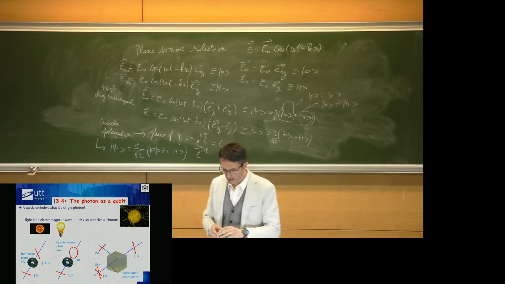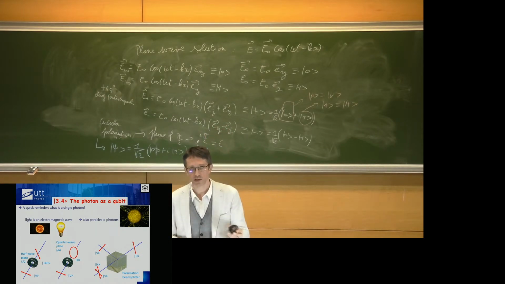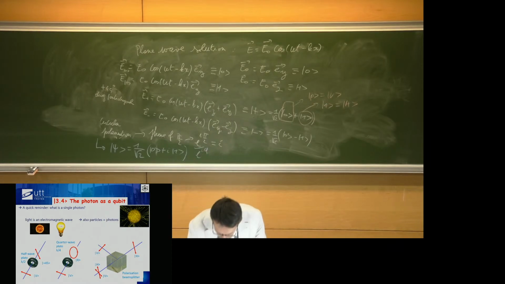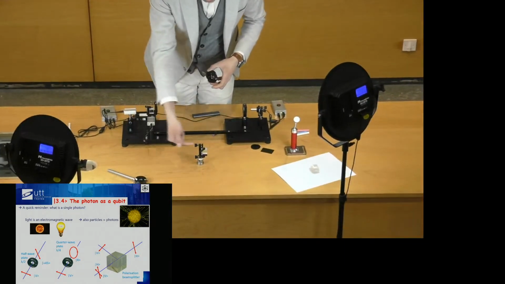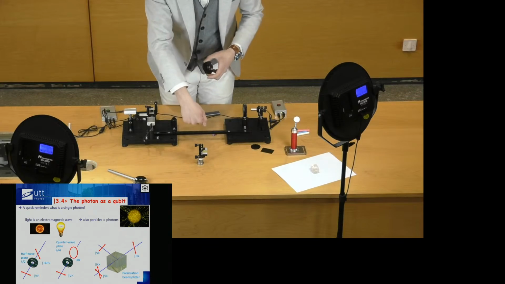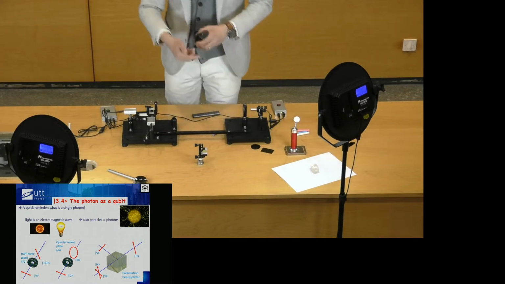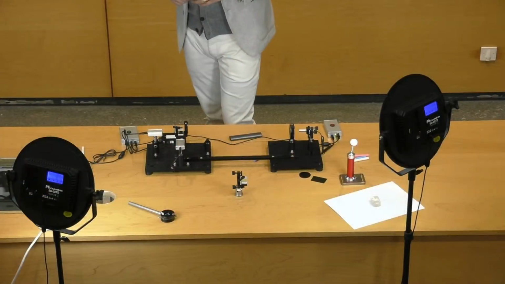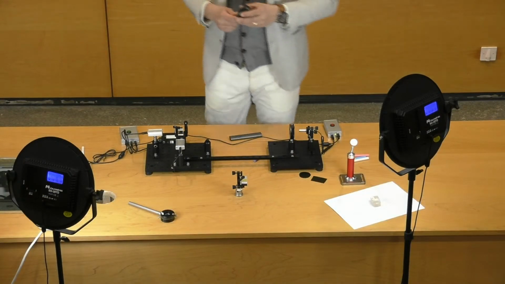And we've got here elements that we use in the lab to manipulate them. So this, for instance, is what we call a beam splitter. It's a cube that will cut the light into two parts. So when the light goes here, half of the light is reflected and half of the light goes through. And this works for single photons.